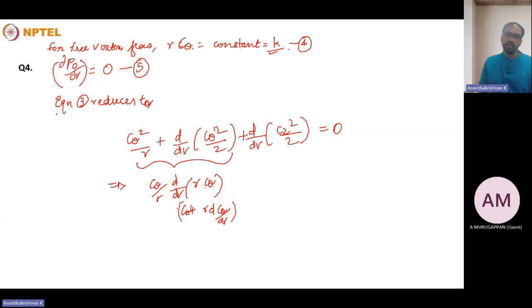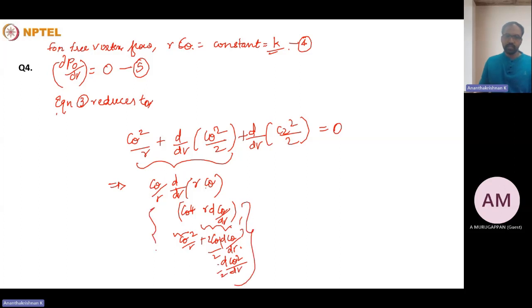When we multiply it with the outside term, we will be getting c theta squared divided by r. The outside term will be c theta into d c theta divided by dr. So this particular term can be represented as, if you multiply and divide it by 2 c theta, d c theta squared divided by dr divided by 2.